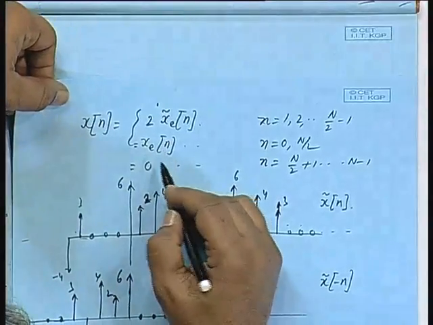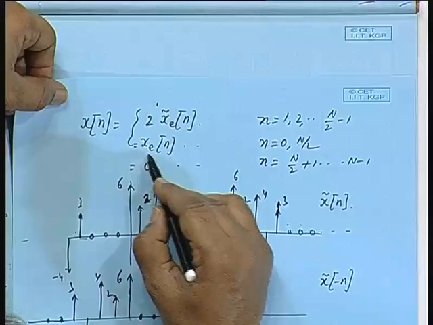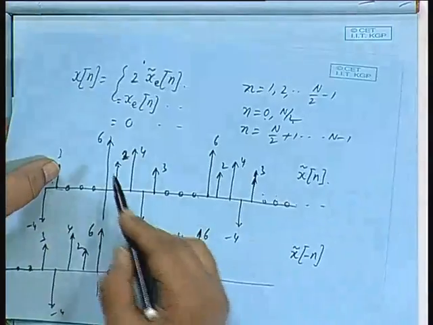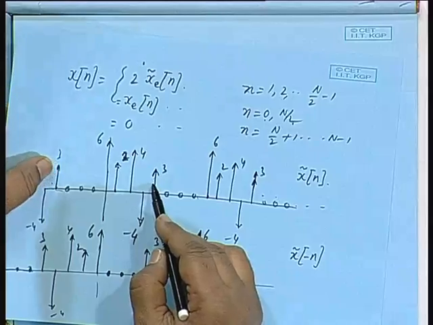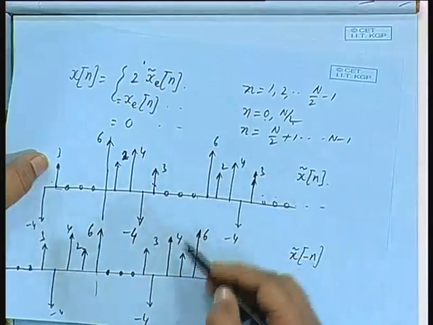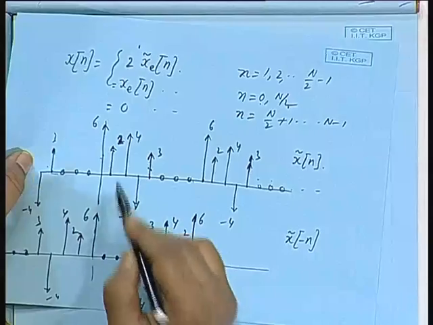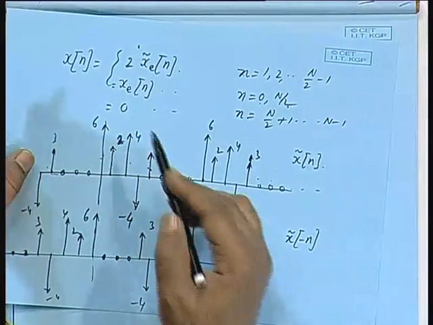That is why I wrote it is equal to x_e[n] for 0 and N/2. At this point and at this point, the values of x[n] and x_e[n] are identical, 6 and 3. And at other points it is just halved in magnitude.